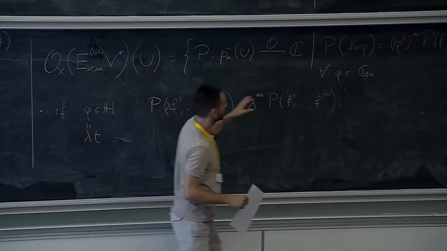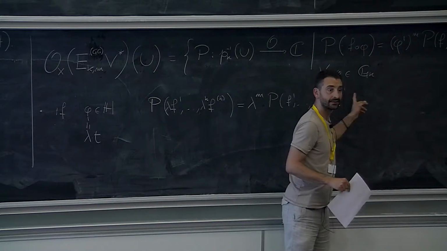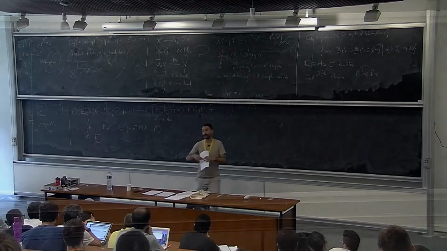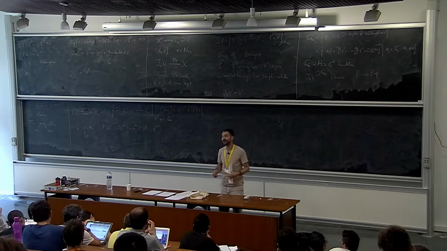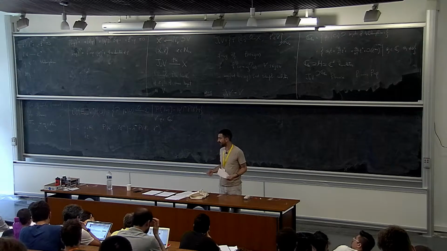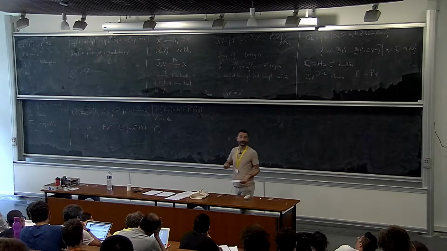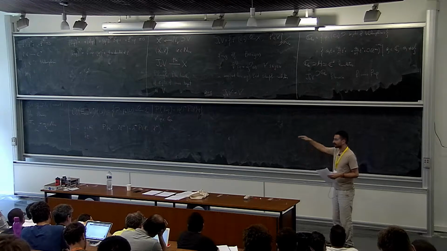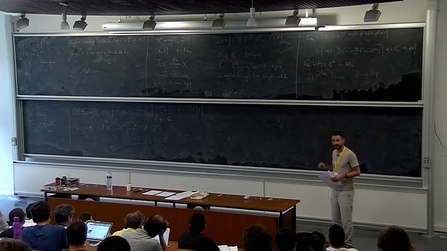But of course, if you let the full group act, it will be some subspace of weighted homogeneous polynomials, much more complicated. We will see at the end of the lecture some example of invariance.